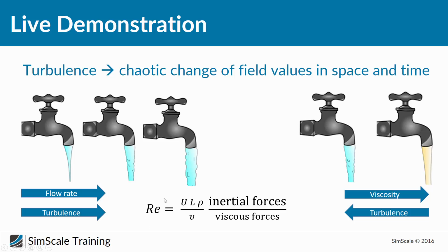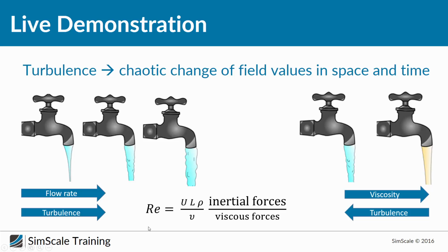This Reynolds number is very important in fluid mechanics because it's a dimensionless number which can give you two pieces of information. First of all, for different applications, there are different so-called critical Reynolds numbers. For example, for a pipe, it's 2300. You can assume that a flow stays laminar until this critical Reynolds number is reached.